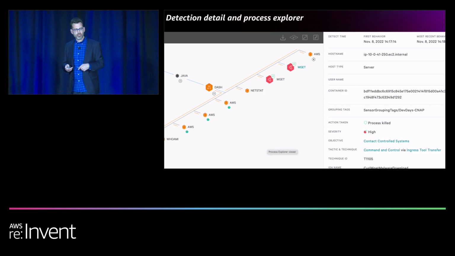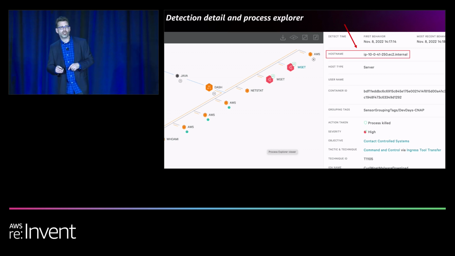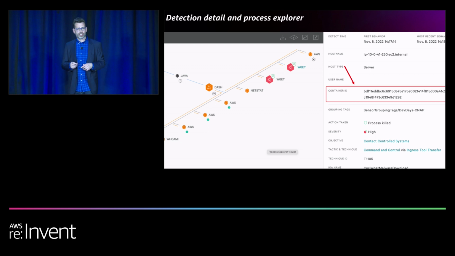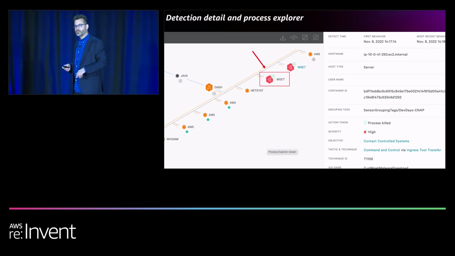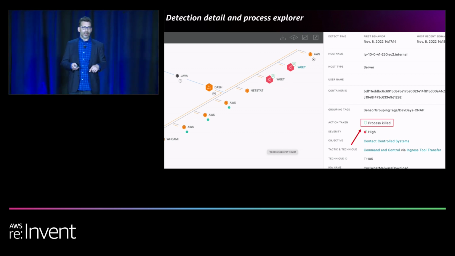So looking at this specific example, we can see the host name, the private DNS of the host instance. There's a container ID, which indicates to us that this is a containerized workload. Now, we're drilling into this one process, this wget process, which should not be there. And we can see that that process was automatically killed.